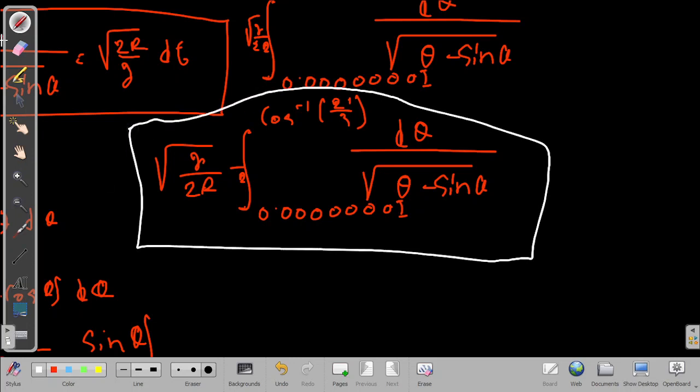Let us think that r is equal to 1 meter. Then let me calculate: 9.8 divided by 2, multiplied by the integration from 0.0000001 to cos inverse 2 by 3 of 1 divided by root over x minus sin x.